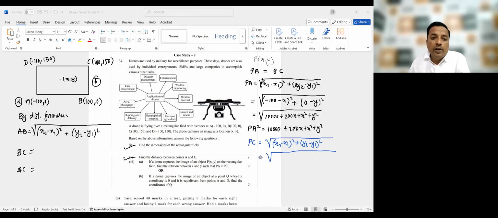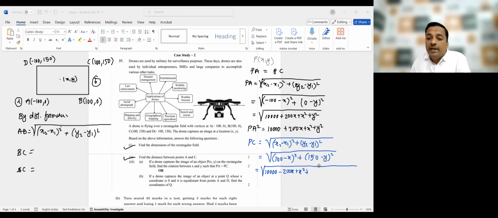Okay. So x2 is again 100 minus x whole square, and again for C, it is 150 minus y whole square. So 100 squared is 10,000. Now using the minus identity, minus 200x plus x square.